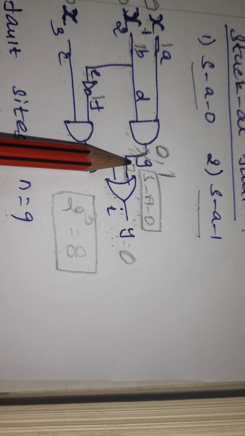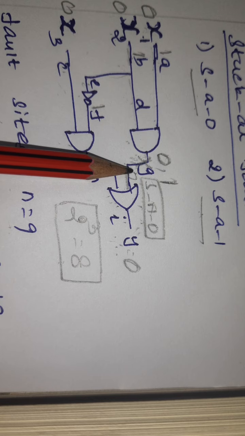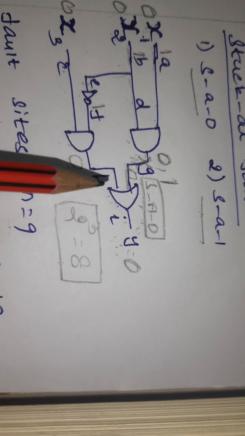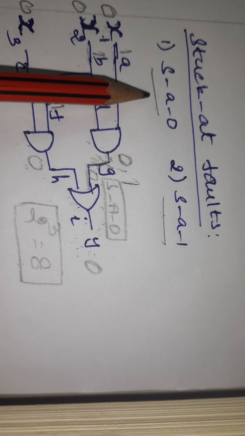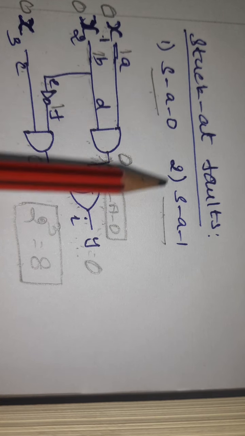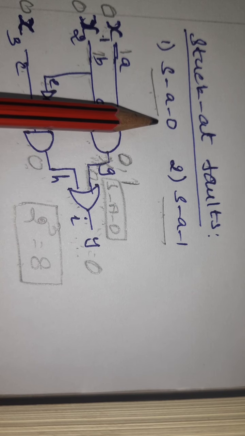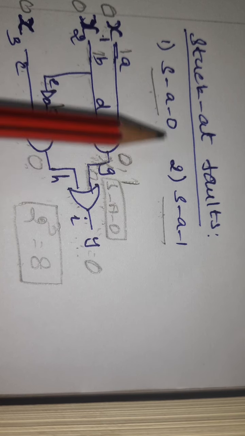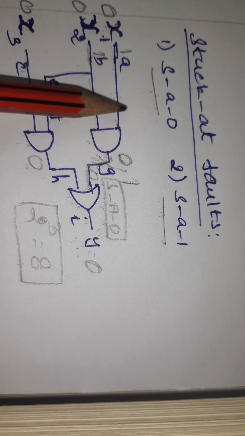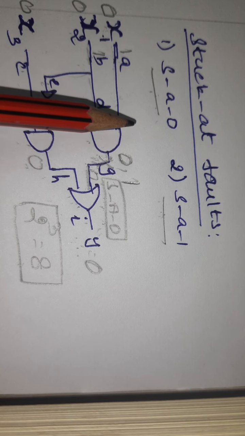So I hope everyone understood this concept, what is meant by the stuck at fault model. It is named two way: there is stuck at 0 and stuck at 1. Suppose this line is affected by stuck at 0, it means that line is considered only 0 value, whatever the given input may be.